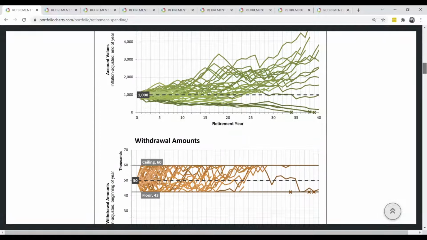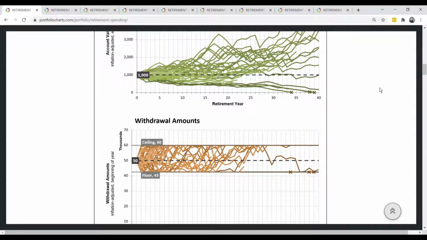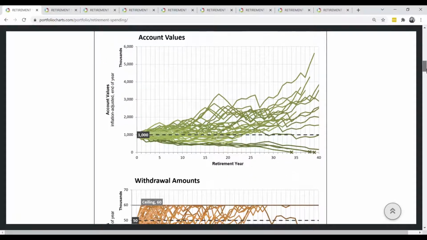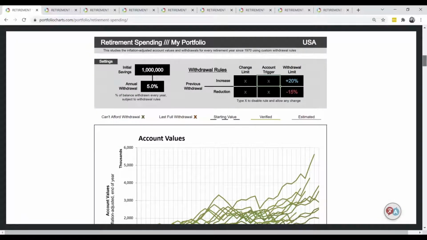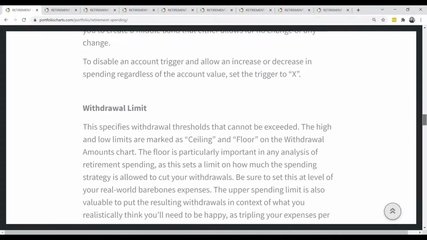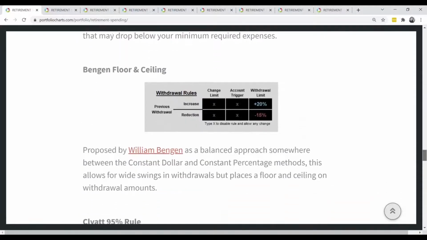And you can see that the withdrawal amounts have this ceiling and this floor that restricts them, but that this portfolio does fail several times with that withdrawal strategy. So that may not be something you want. And it gives you other ideas down here.